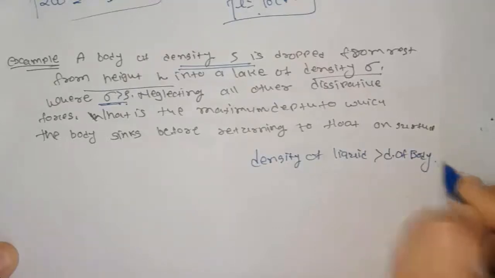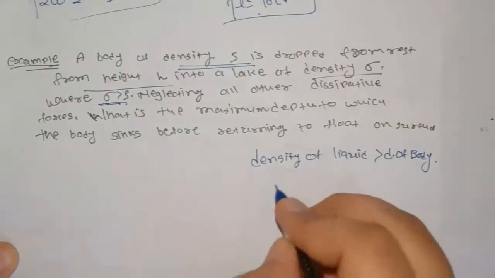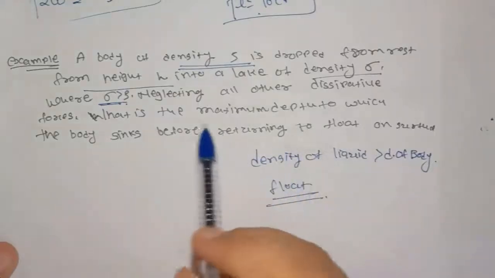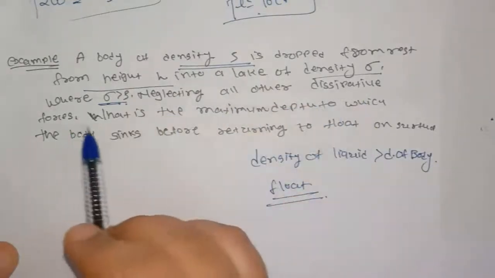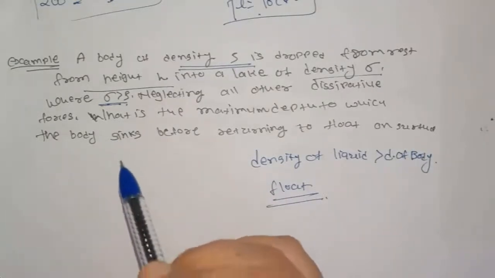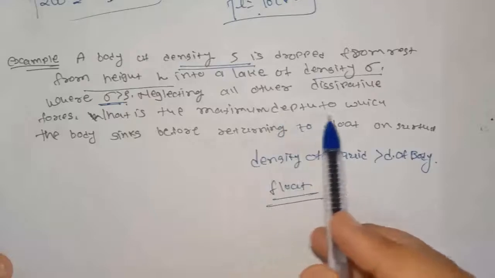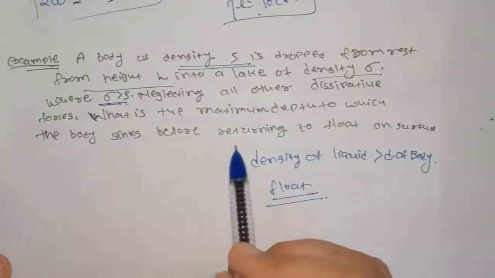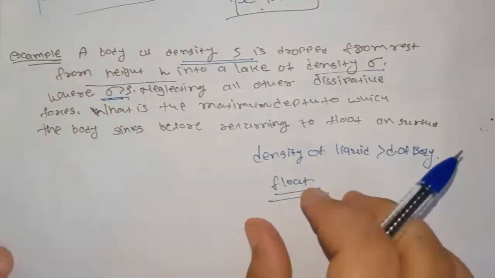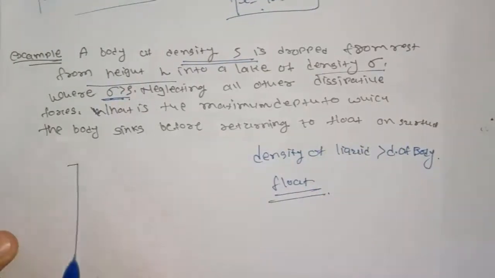So the tendency will be to float. Neglecting all other dissipative forces, that means we don't have to consider the fluid friction. What is the maximum depth up to which the body sinks before returning to the surface? Now, let us understand the situation here.